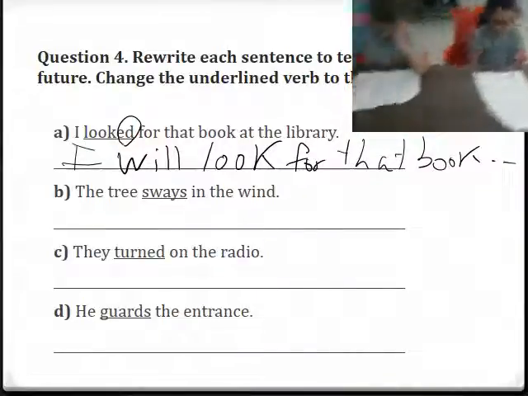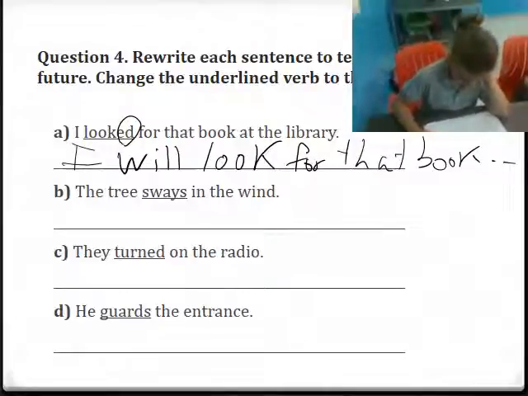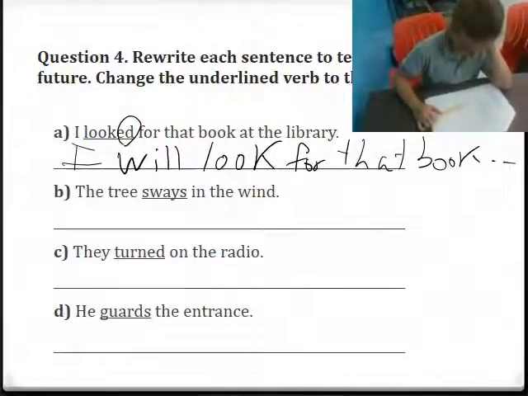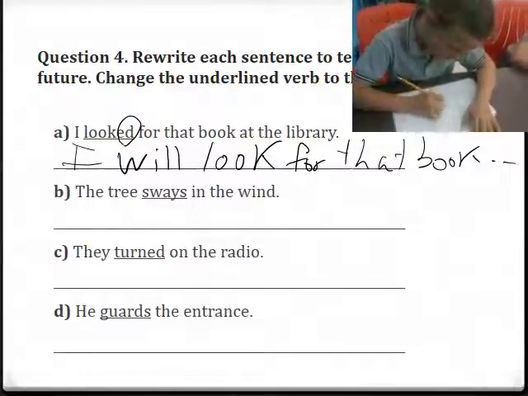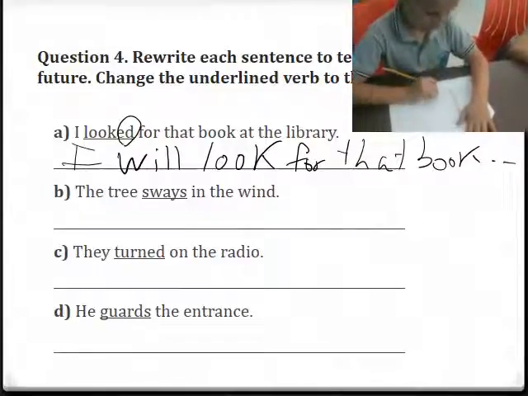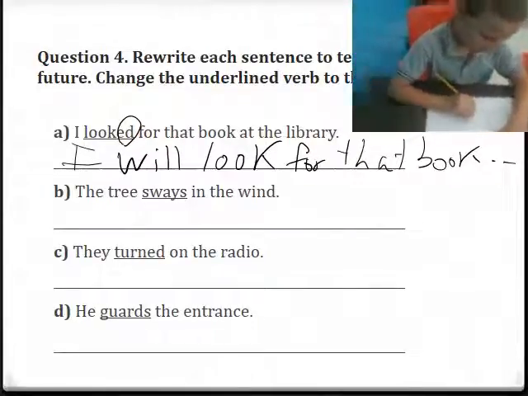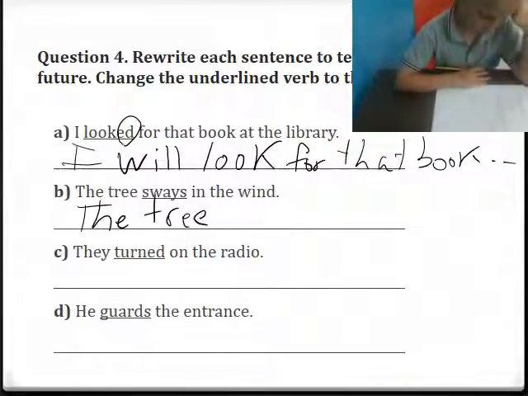Next question, Leah, read it. The tree sways in the wind. Okay, the tree sways in the wind. How do we make it in the future? The tree will sways in the wind. The tree will what?